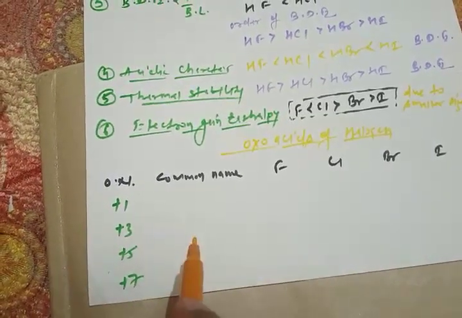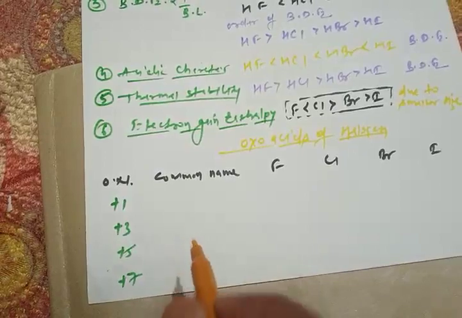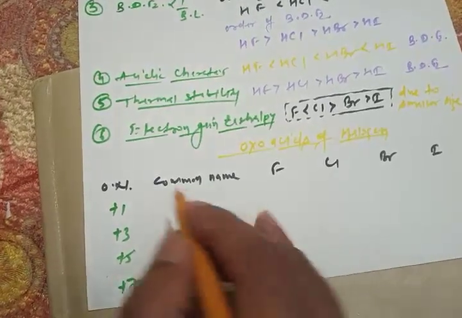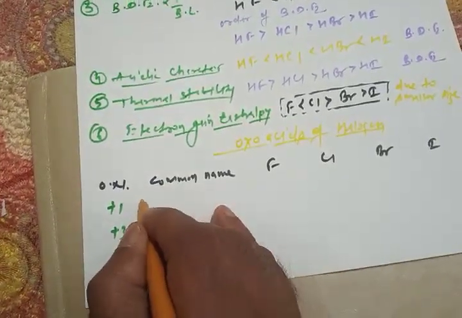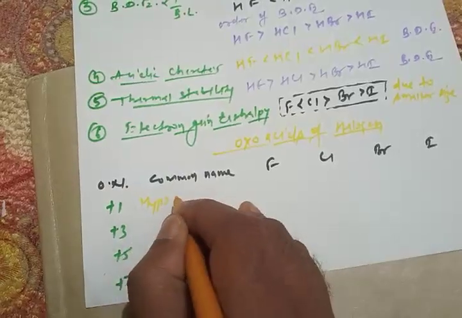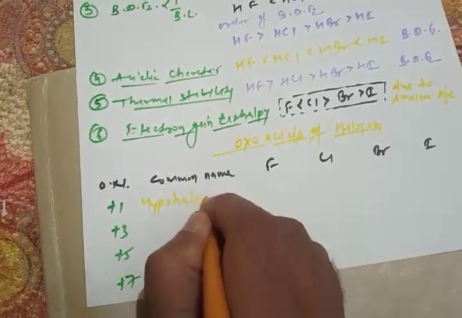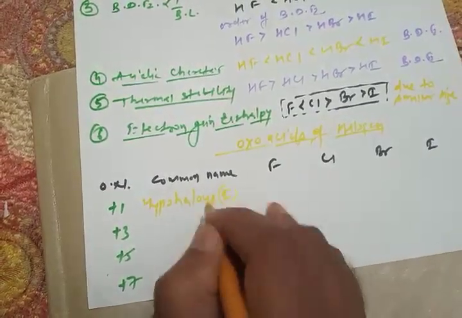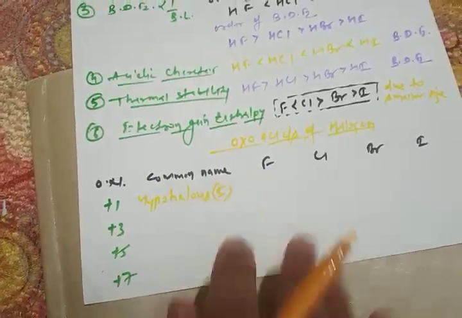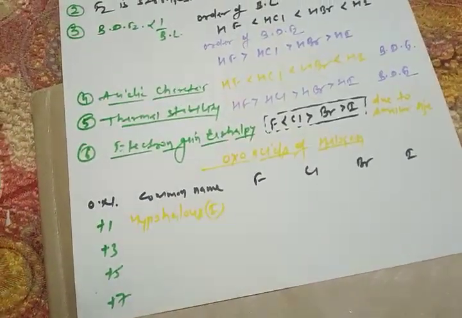Starting with the very first, that is the +1 oxidation state. The common name in the case of the +1 oxidation state is hypohalous acid. The name is hypohalous, OUS, acid, hypohalous acid. So what are the others?